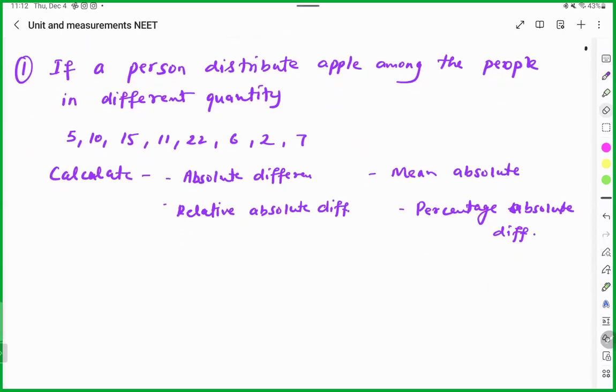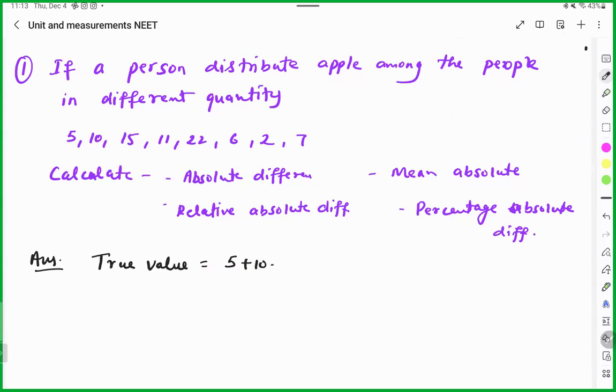How to calculate the true value in this case? Because in case of error, you need the true value. Average. What is the average a person is getting individually?